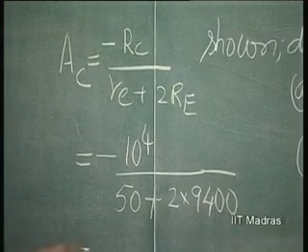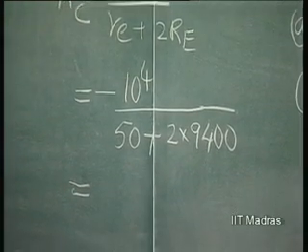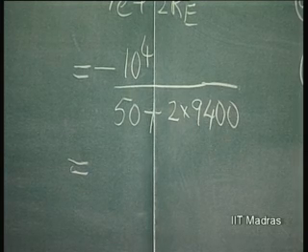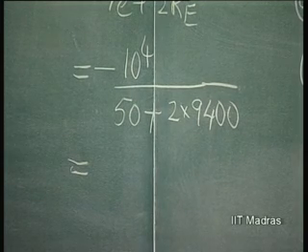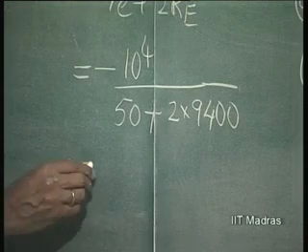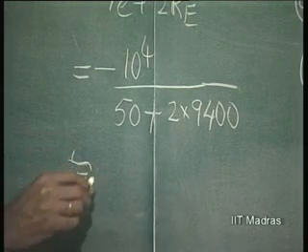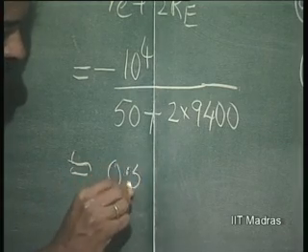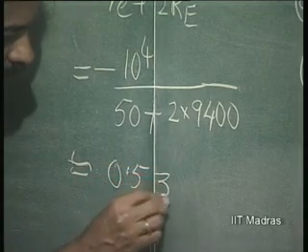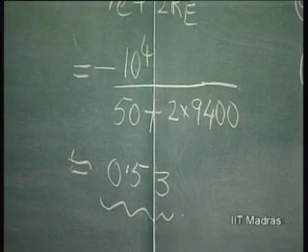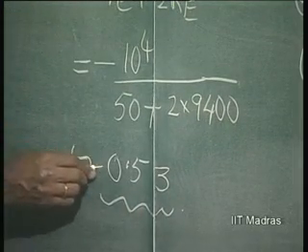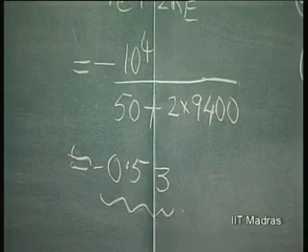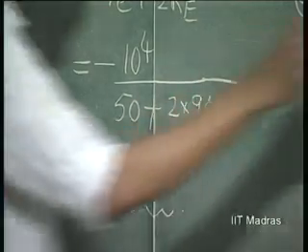So, strictly speaking, this is roughly equal to half, 0.5. How much is it exactly? 0.53. That is the common mode gain, minus of course. The sign indicates there is an inversion. So, this is 0.53.